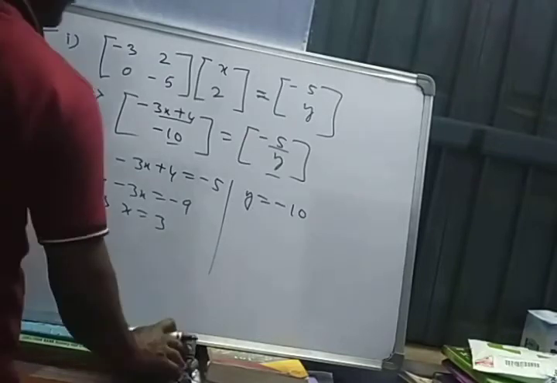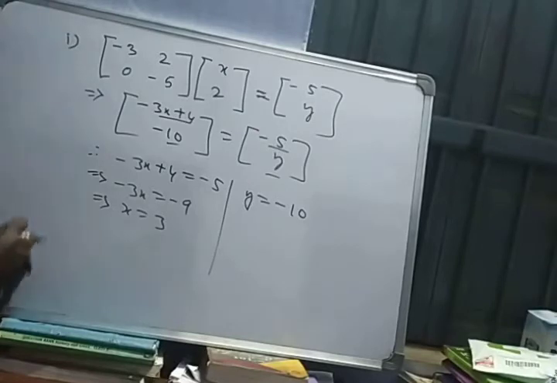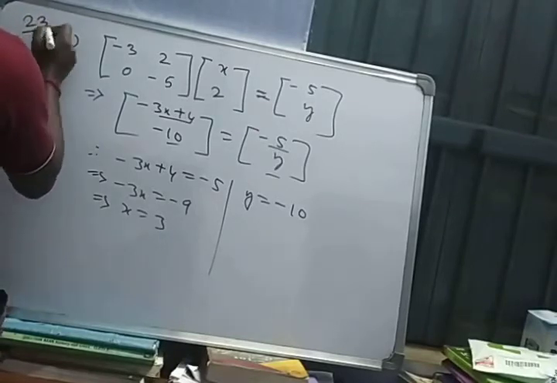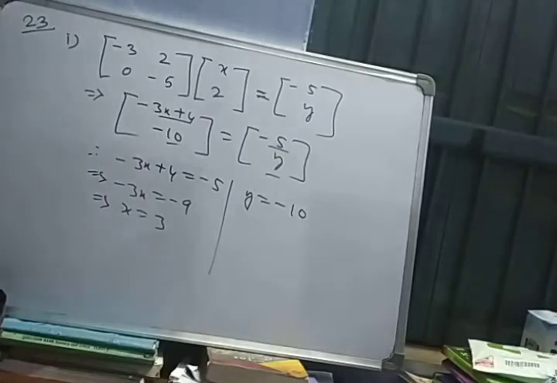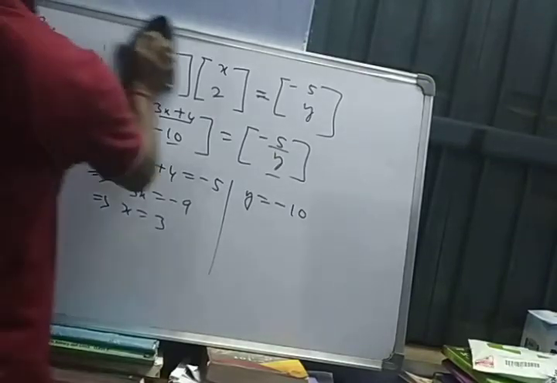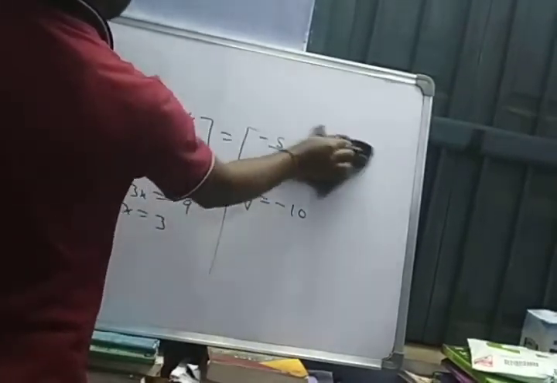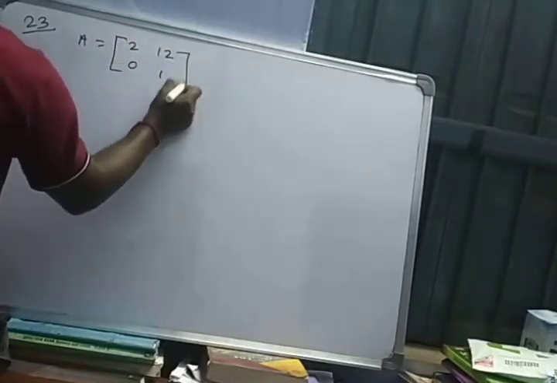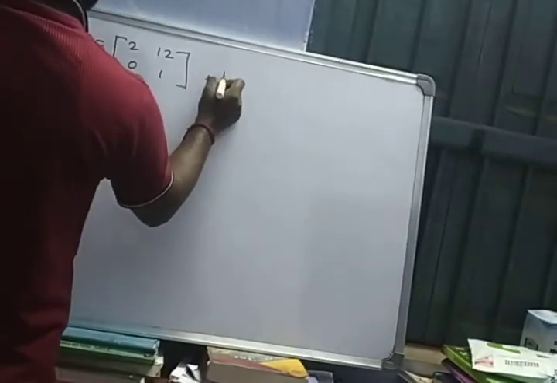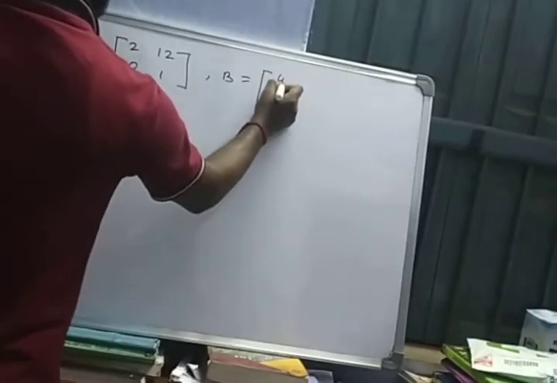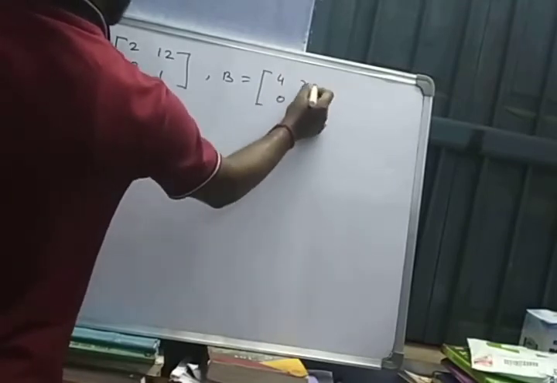Next 23. A equals to 2, 12, 0, 1 and B equals to 4x 0, 1.